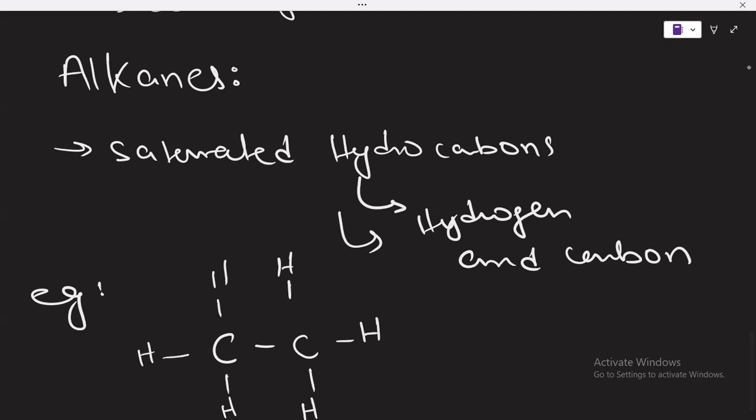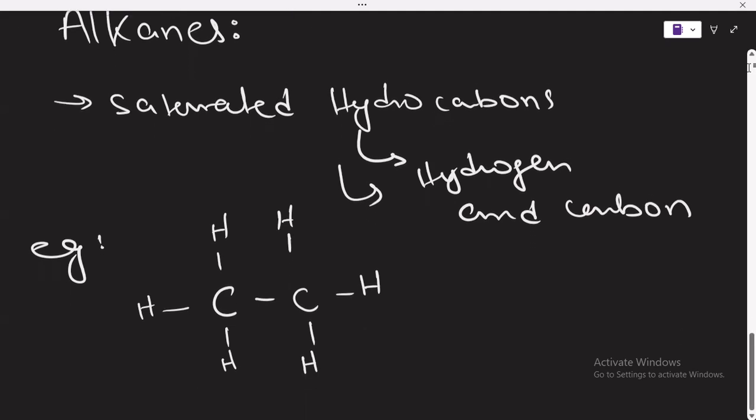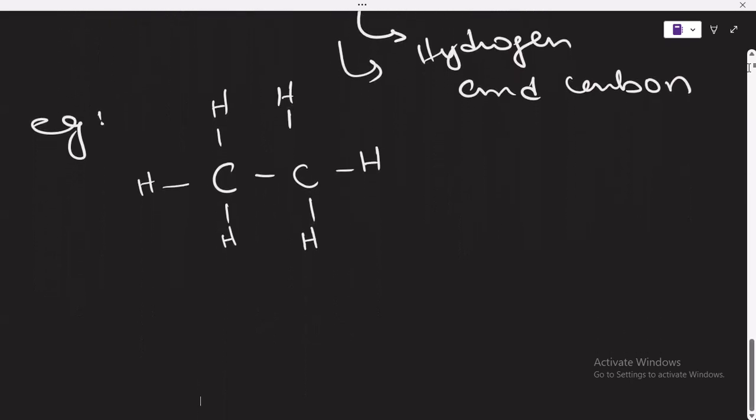If I tell you the basic definition of the homologous series, it says that the homologous series consists of a family of compounds with the same general formula, and we'll be discussing in detail what the general formula is, and similar chemical properties, which we'll do later as well, because they have the same functional group. Now let's understand what a functional group is.